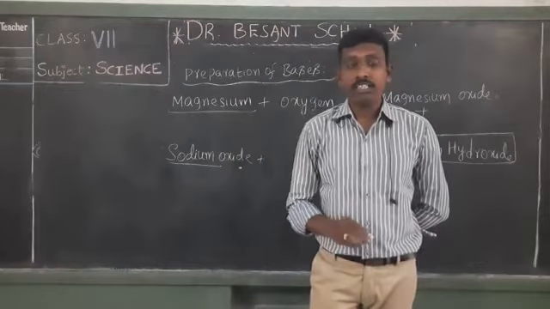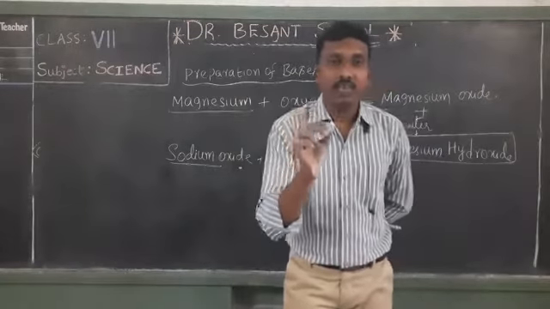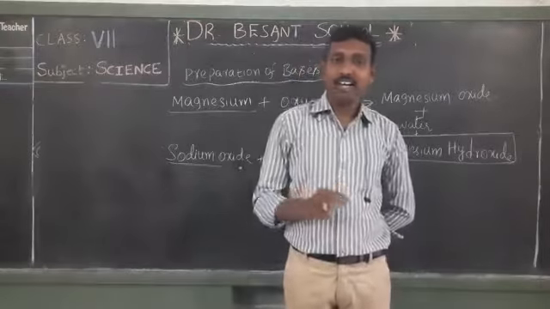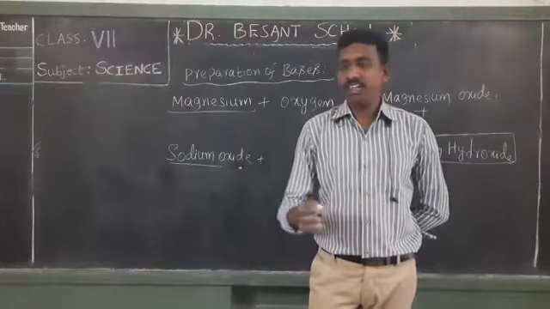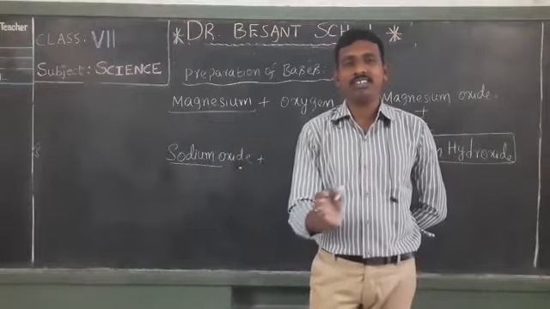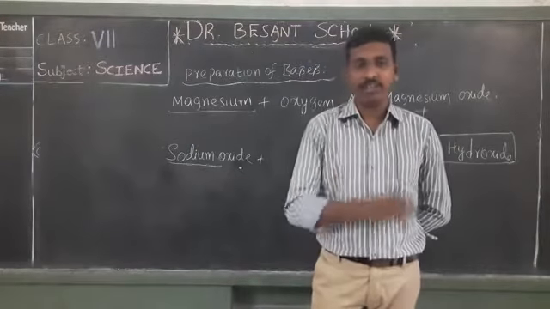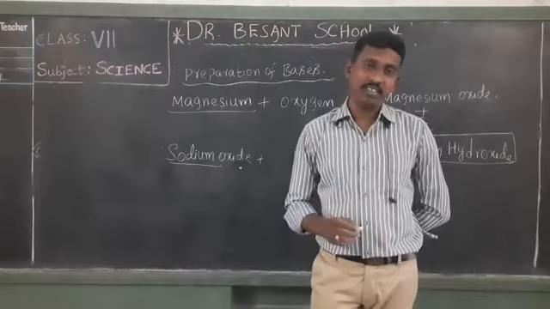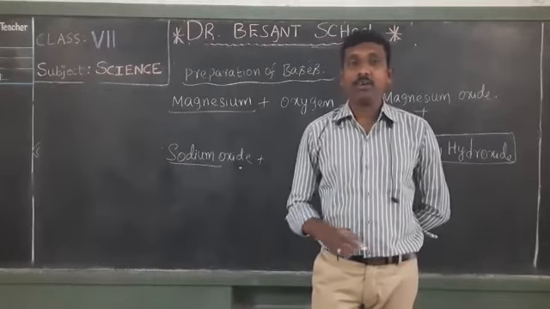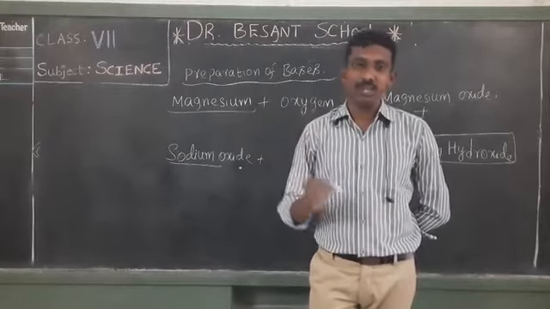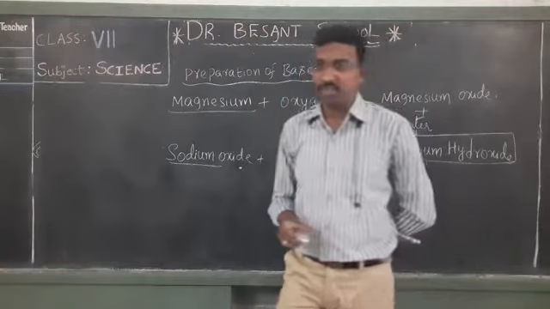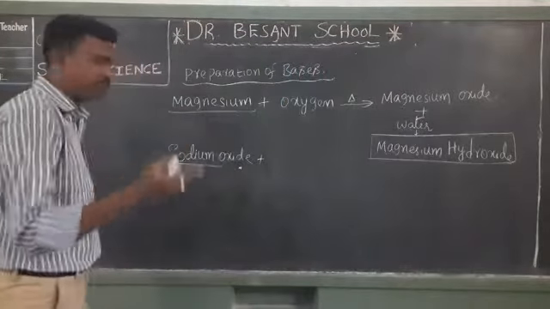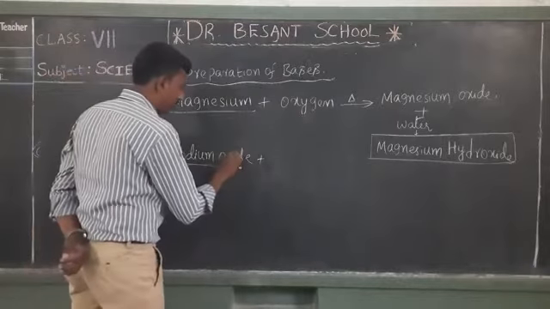Sodium and potassium are highly reactive metals. That's why they are generally stored in kerosene. Even with atmospheric oxygen they react and change their state. My dear students, they don't react with kerosene, that's why they are stored in kerosene.